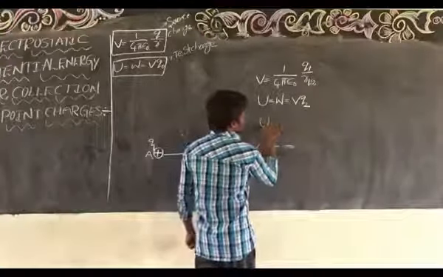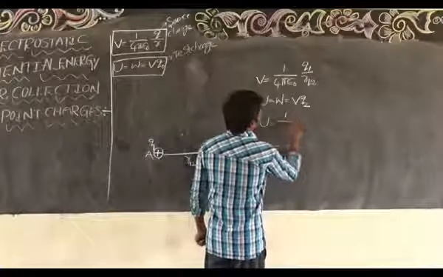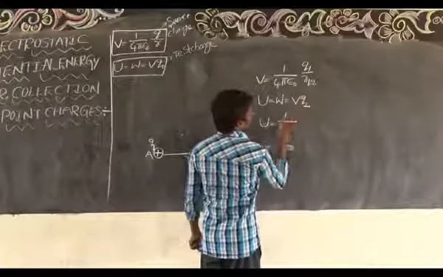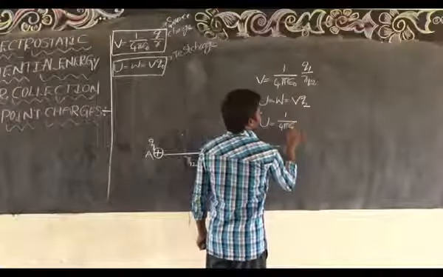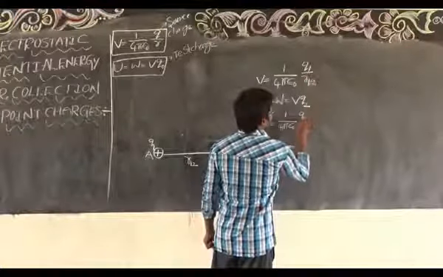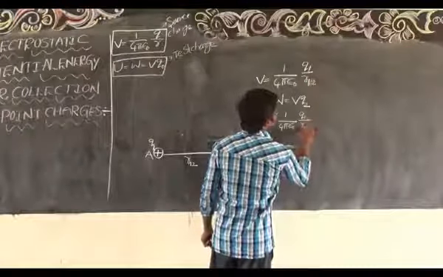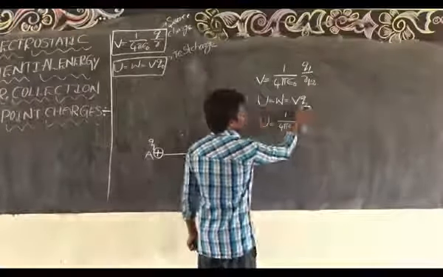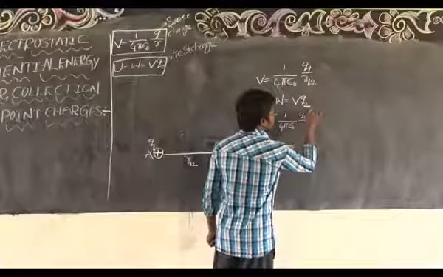U is equal to 1 by 4 pi epsilon naught into Q1 by R12 into Q2.